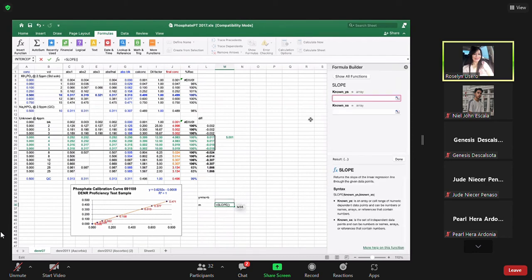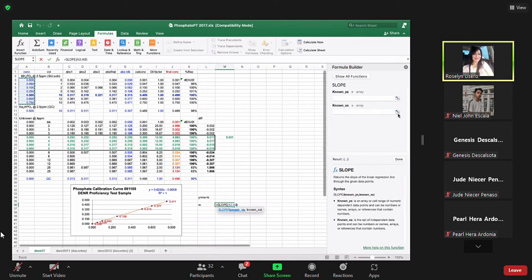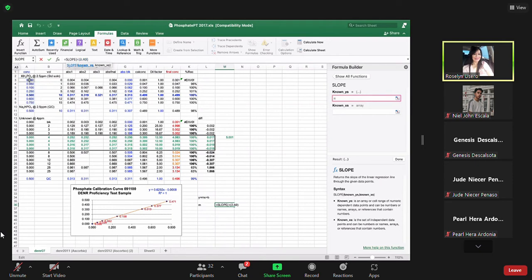Next, so known-wise, ang y nyo is the absorbance. So known concentration, known x, equals to ang known x is ang x.